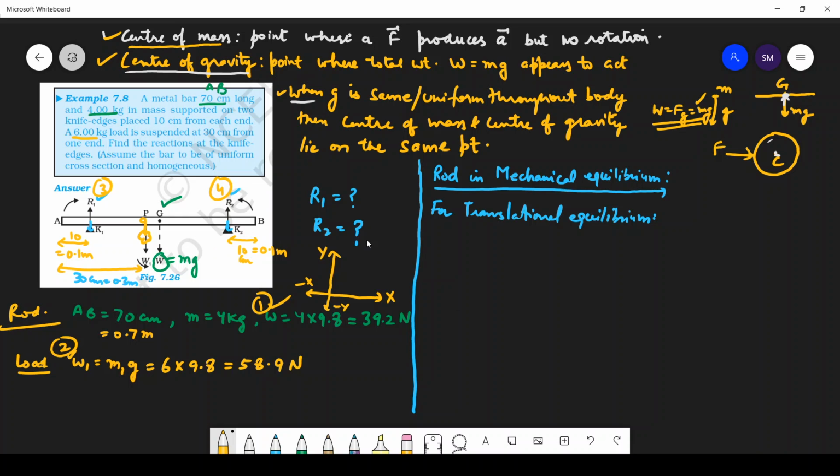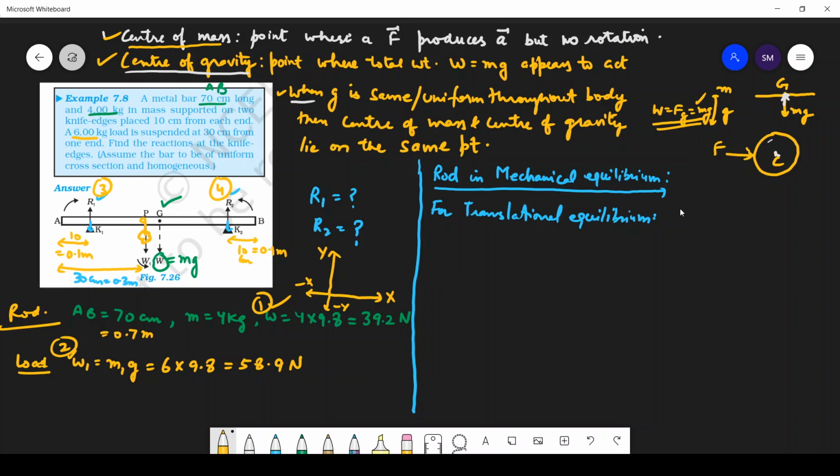So we have only 4 forces, and R1 and R2 are along positive y-axis, and W and W1 are along minus y direction. So it means they are in translational equilibrium.